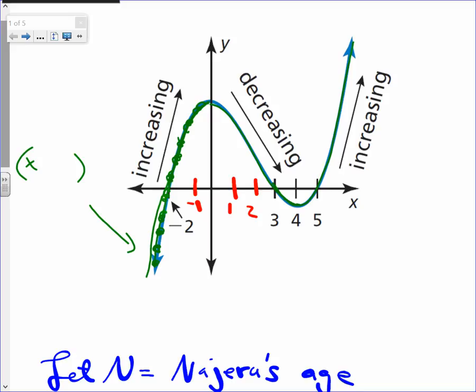What values of x do these have to be? I'm just focusing on the x coordinates of all these points. Where it's increasing, what does x have to be? Well, x has to be less than a certain number.